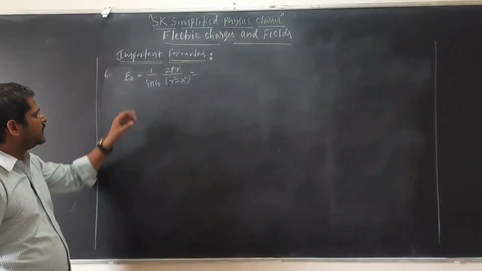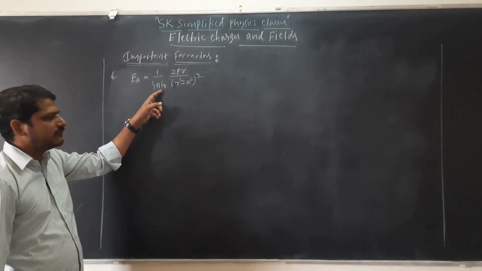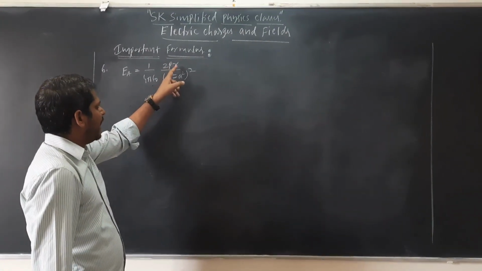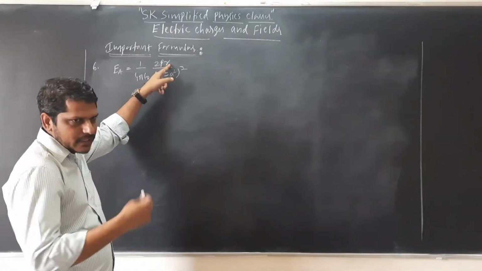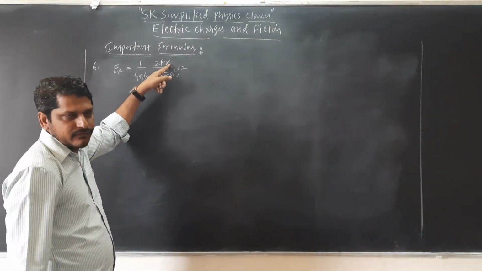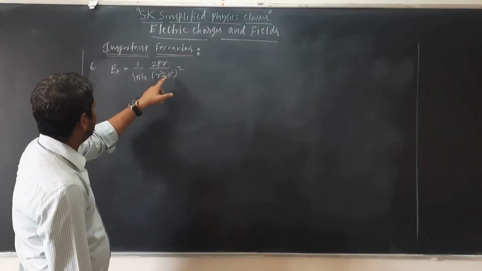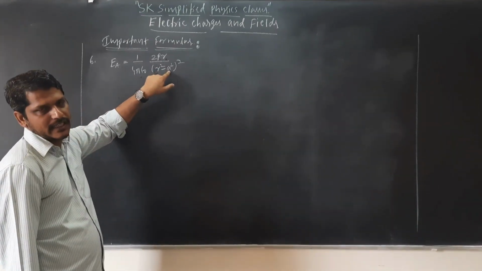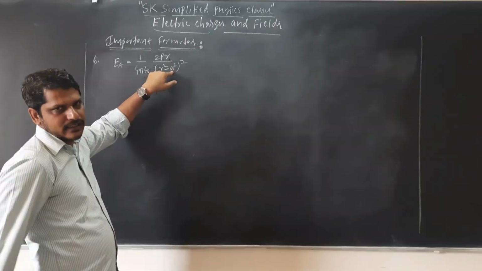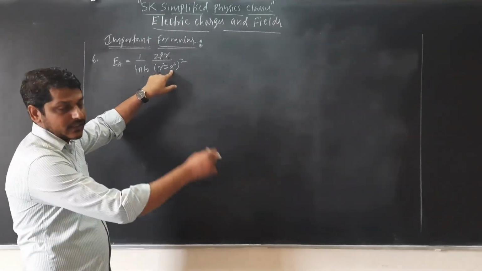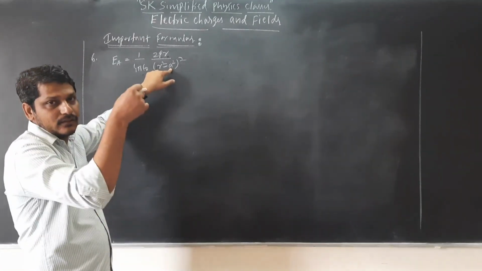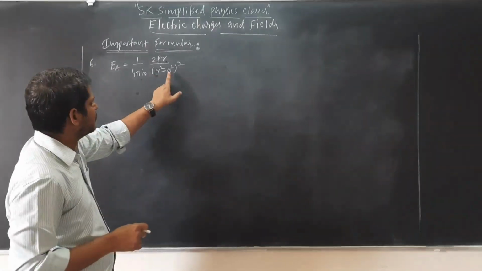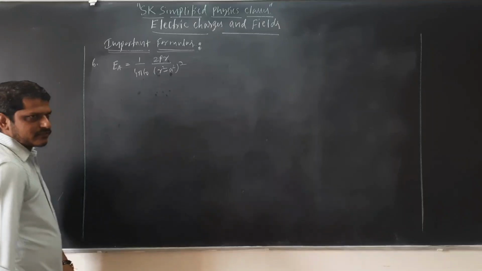As we know, 1 divided by 4 pi epsilon naught is a constant. Here p is the dipole moment, r is the distance at which we have to calculate the electric field, and a is the half-length of the electric dipole, that means from the center to the positive charge or from the center to the negative charge. That is represented by a square.